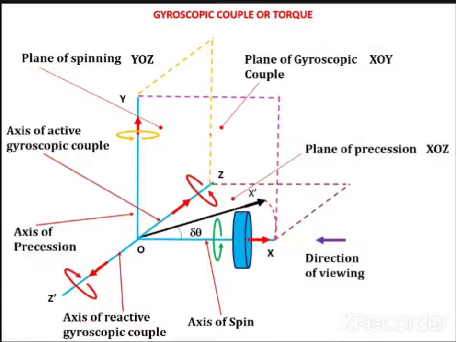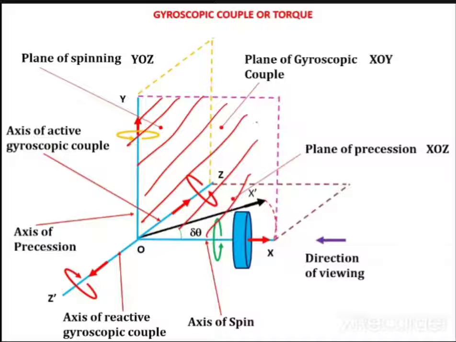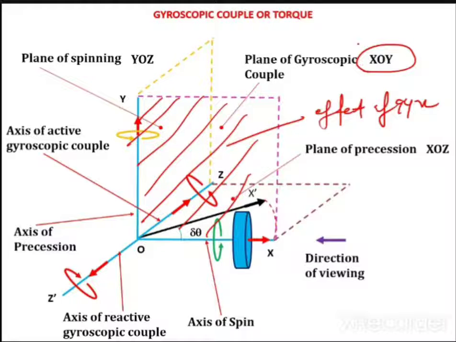In this plane you can see the effect of gyroscopic couple. So whenever you are drawing a vector diagram, and you want to see the effect of gyroscopic couple on a particular application, you have to look into this plane XOY, or the plane which is parallel to the XOY.